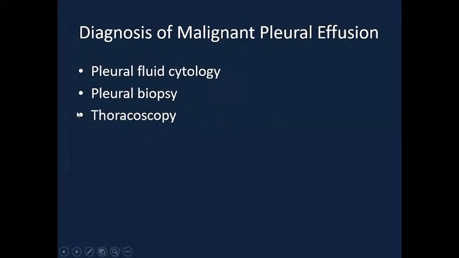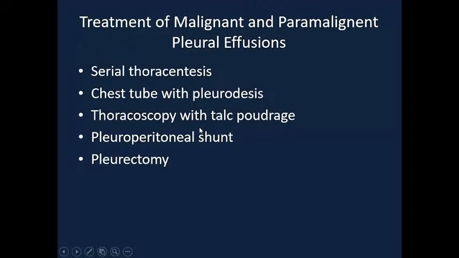Thoracoscopy, obviously, is an invasive test, but in order of sensitivity, ability to make a diagnosis of the disease, thoracoscopy will be the highest yielding, followed by pleural biopsy, and lastly, fluid cytology.